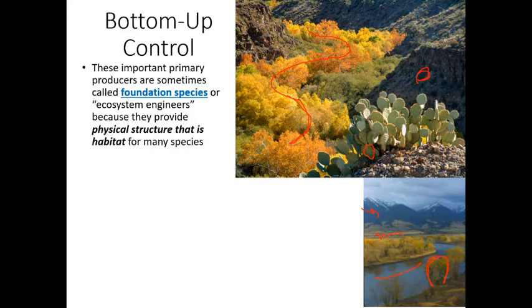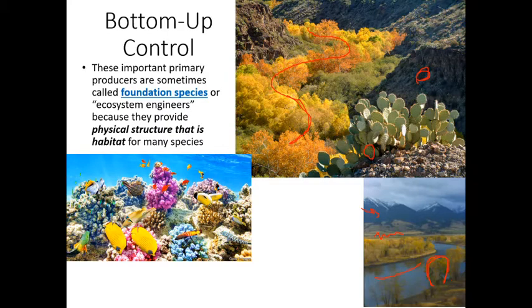Without these species, there would not be nearly as much habitat, not nearly as much diversity as there is with these particular species. Another example of this is the corals. Coral is a symbiotic relationship as well between a photosynthesizer and an animal-like organism.